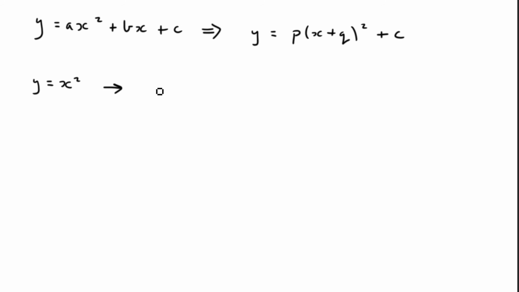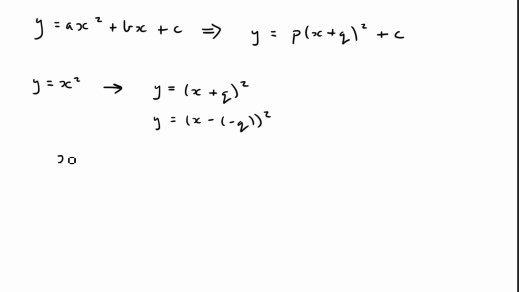We'll start off by saying, if I know what y equals x squared looks like, can I tell what y equals x plus q squared looks like? This curve on the right hand side could be rewritten as y is x subtract negative q squared. So how have we gone from this curve to this curve?